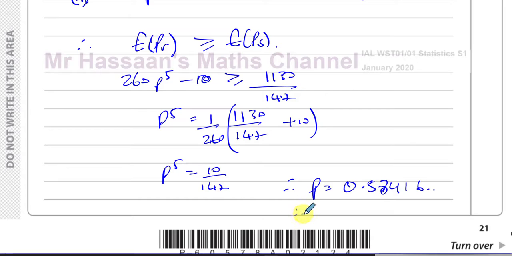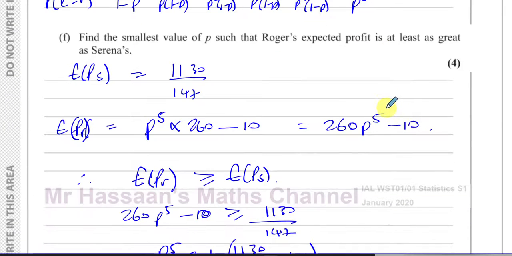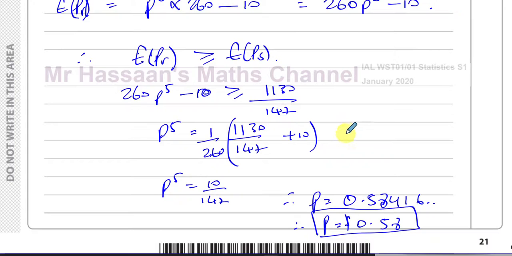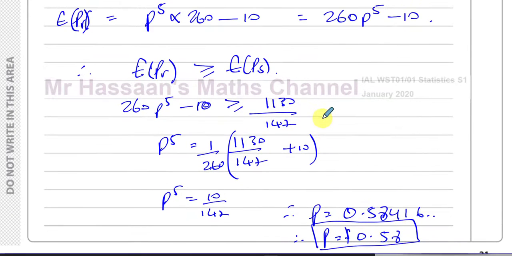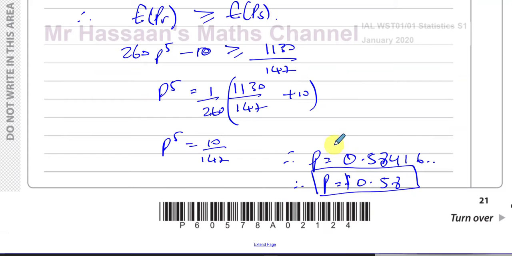So therefore we can say that p is equal to 0.58. Okay, so there's the answer to part F. That's the smallest value of p such that Roger's expected profit is at least as great as Serena's. So that's the value of p for which they'll be basically equal.